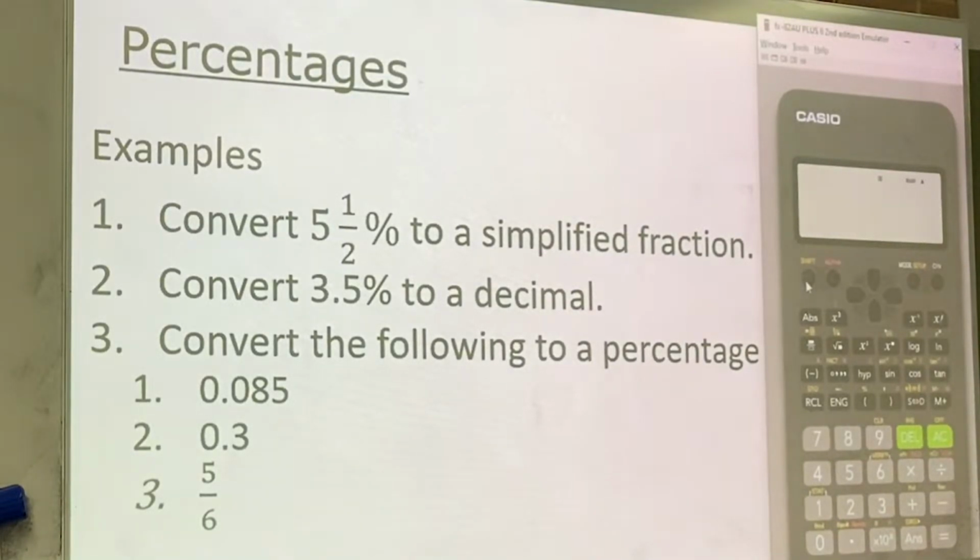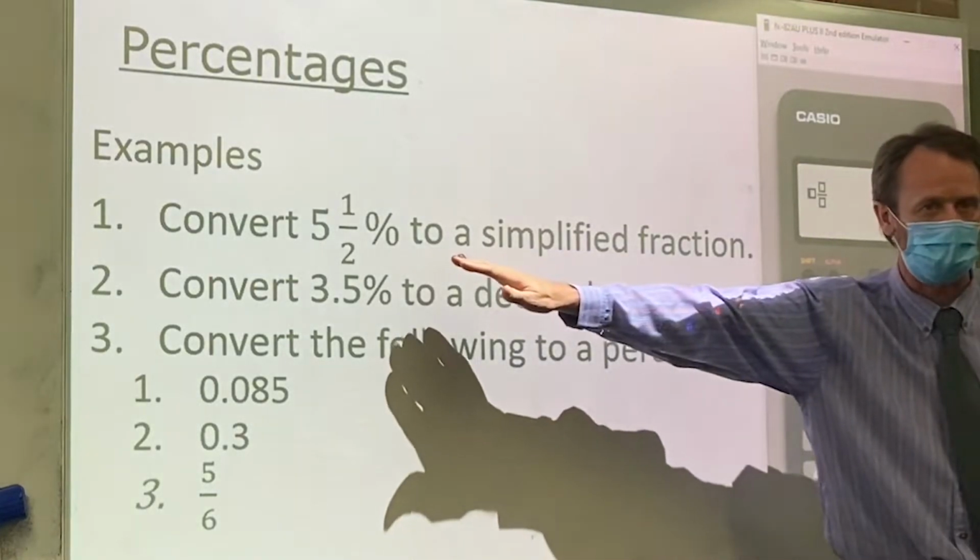So first thing I do, I need to get my fraction. I need to press Shift and then this button here, which has a fraction like that, a mixed numeral fraction.